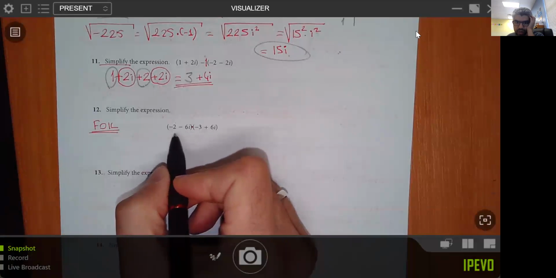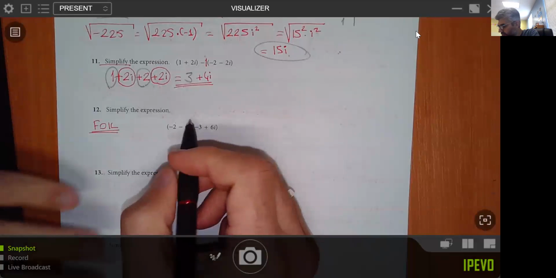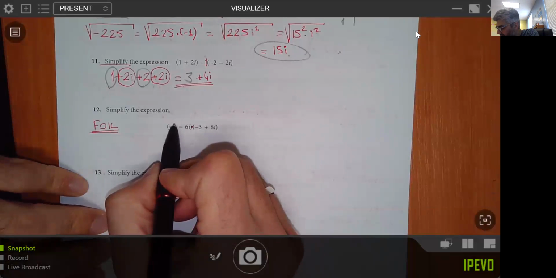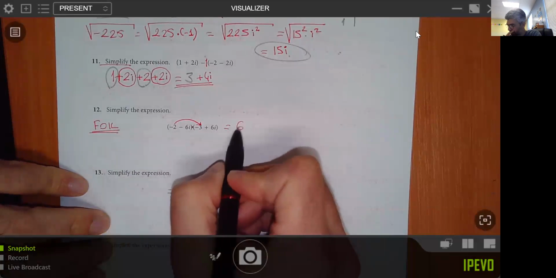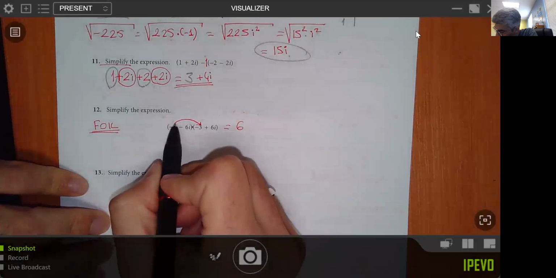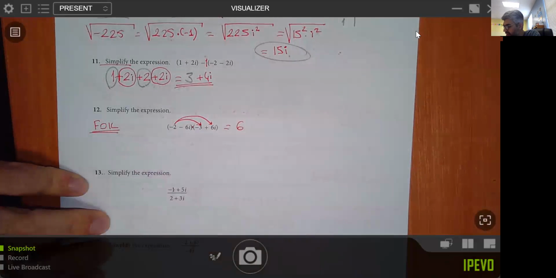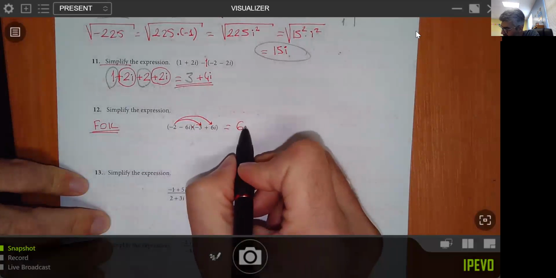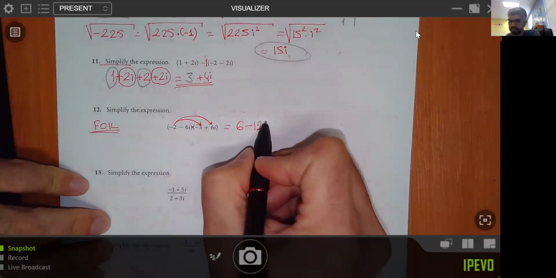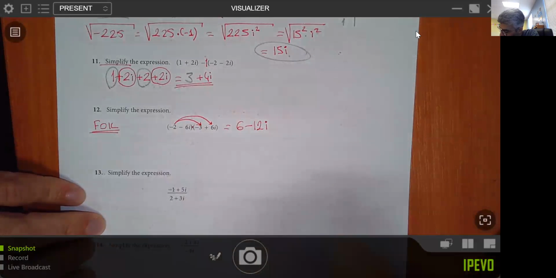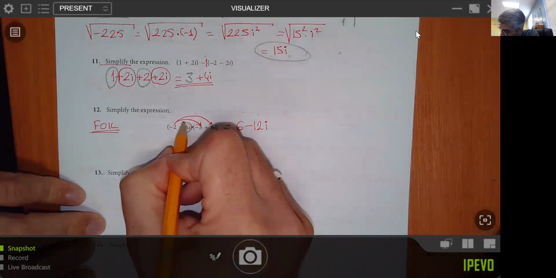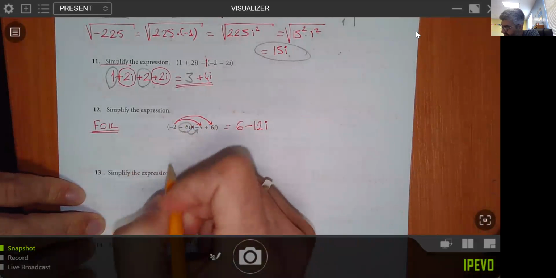We have to multiply all these terms by the others. So -2, I multiply by -3. That is 6. -2, I multiply by 6i. That is -12i.